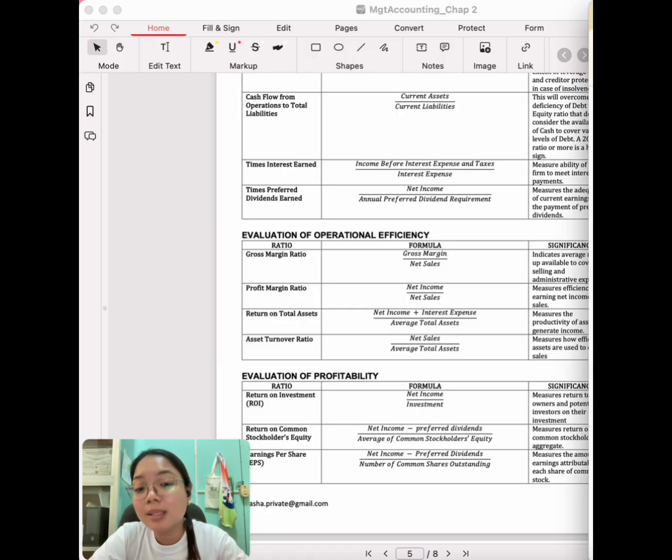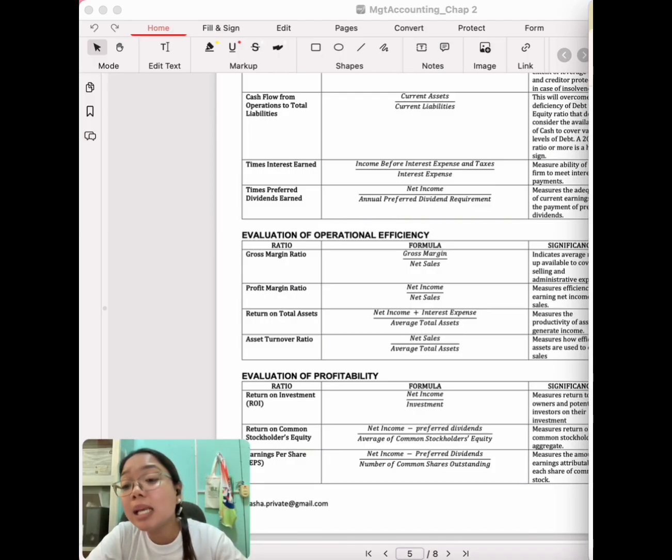The first one is the gross margin ratio. So, ang kanyang formula is gross margin divided by net sales. So, it indicates the average markup available to cover selling and administrative expenses. For example, if the gross margin ratio is 40%, it means that 40% of net sales remains after considering cost of goods sold.